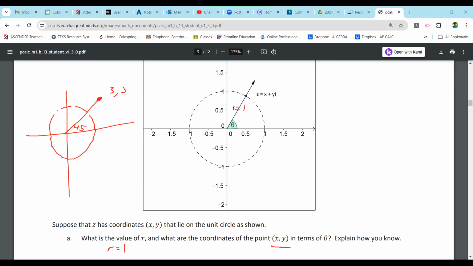So even though this was 3, 3, I was able to take whatever this modulus was, make it a unit vector by dividing it by the square root of, was it 2 or what was the answer? Whatever it was. And so then we simplified that, and that now made my vector land here, which then gave me a radius of 1 for that unit vector.